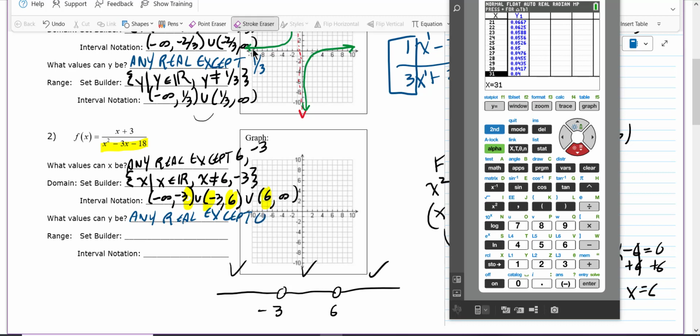Okay, so on the set builder for the range, you're going to say set of y such that y is any real number except, you can say comma, y cannot be equal to 0. Okay, and then interval notation, you're going to say everything below 0 and everything above 0. That's how that goes.